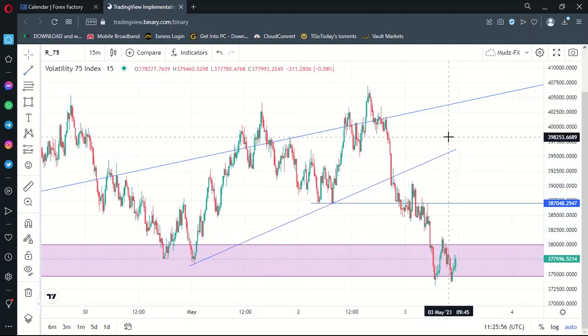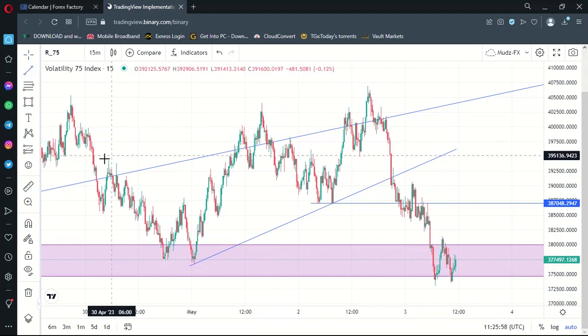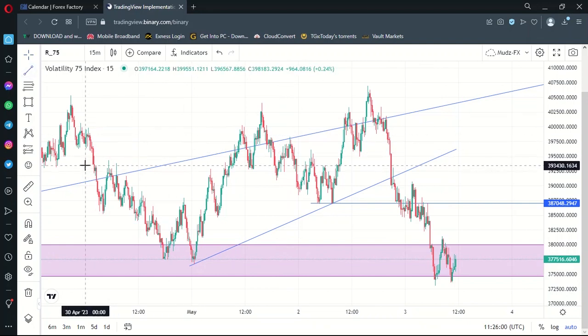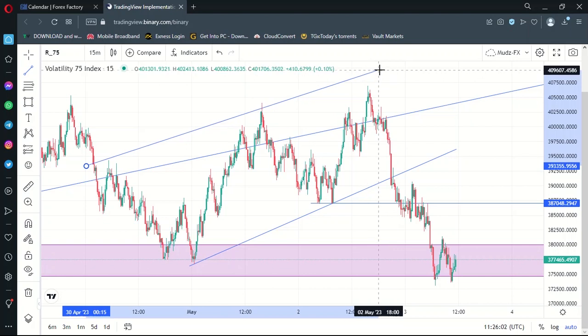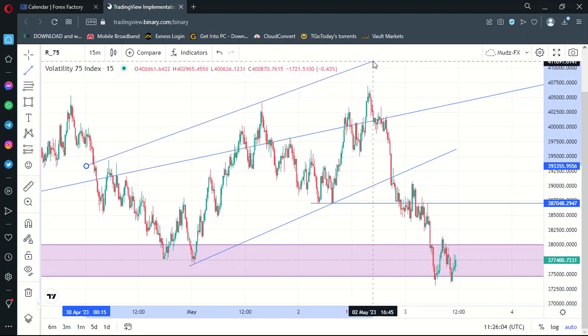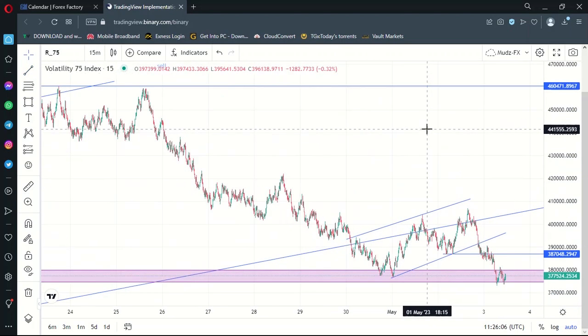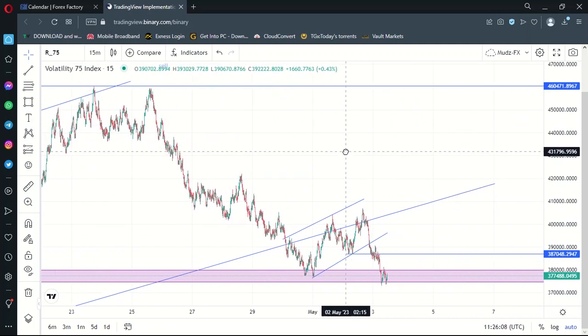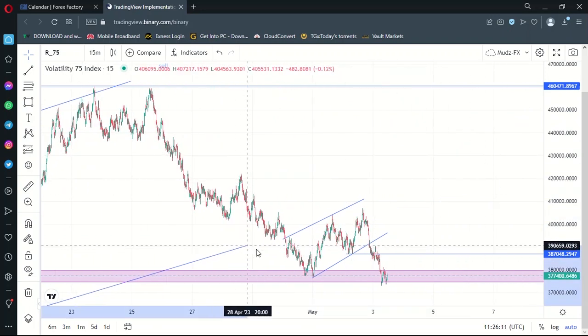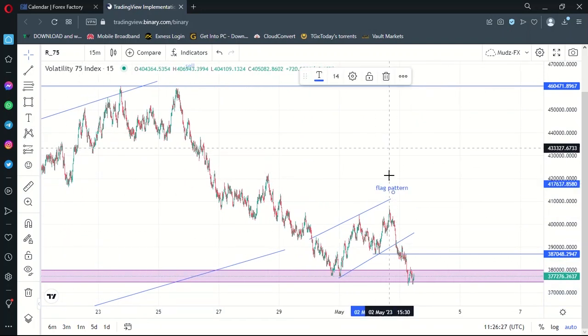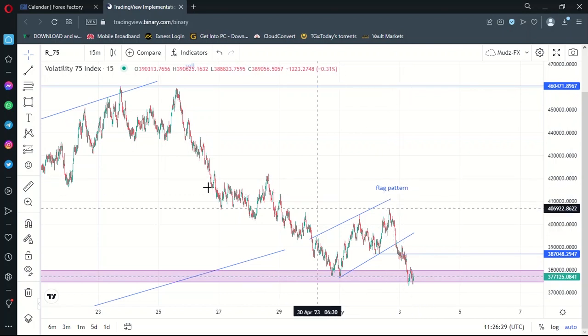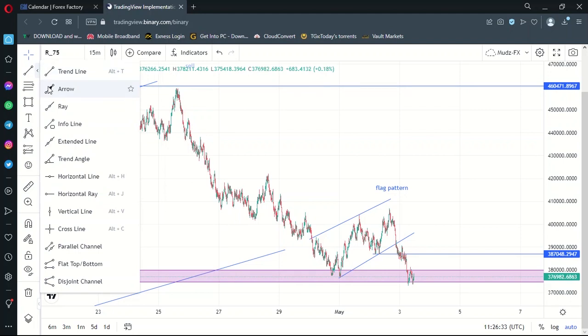We know that it respects double tops, even head and shoulders. And if you're familiar with this pattern, you already know what this is. This is a bearish flag. It's a continuation pattern. So on the 15-minute time frame, it gave us a flag pattern.